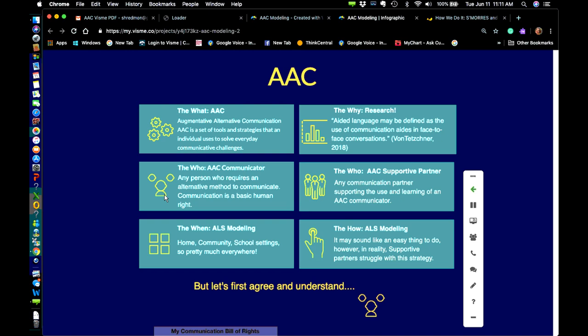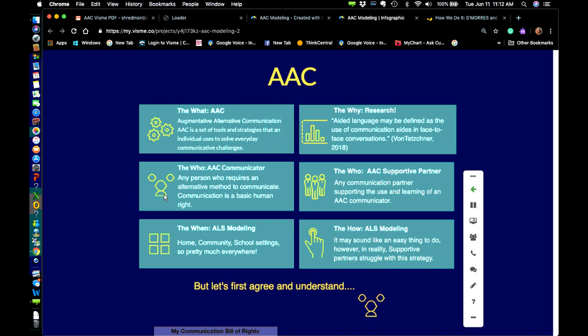And we will talk a little bit about the Communication Bill of Rights as well, coming up in a little bit. So the who is this? Who are we really talking about? We have the AAC communicator, but you also have the AAC supportive partner: any communication partner supporting the use and learning of AAC by the AAC communicator. That's really what this is for.